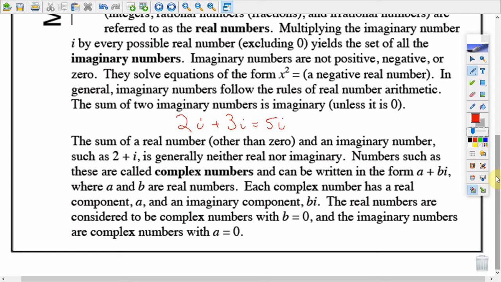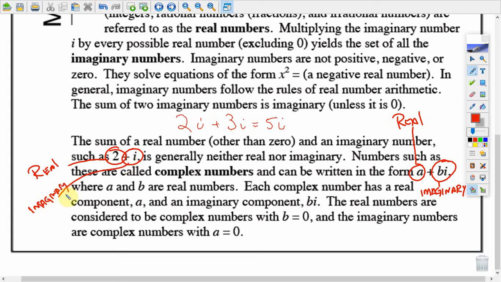Each complex number has a real component, real, and an imaginary component, imaginary. So over here, the 2 is real. It's the real part of that complex number. That is the imaginary part of the number. Imaginary. Okay?